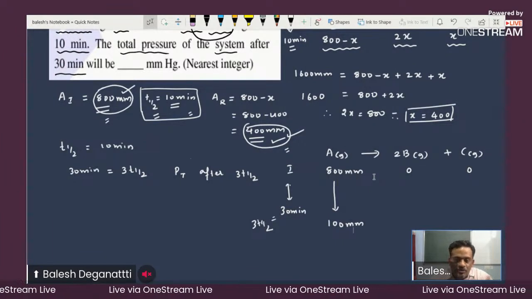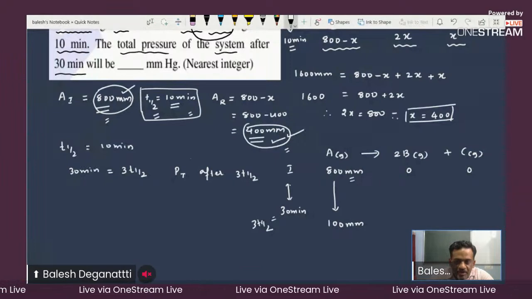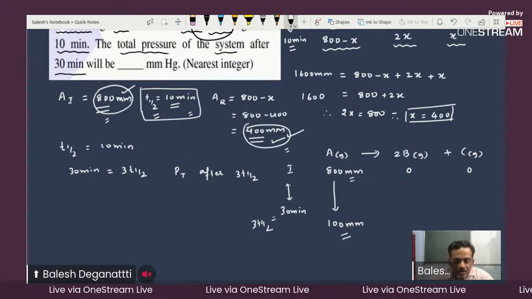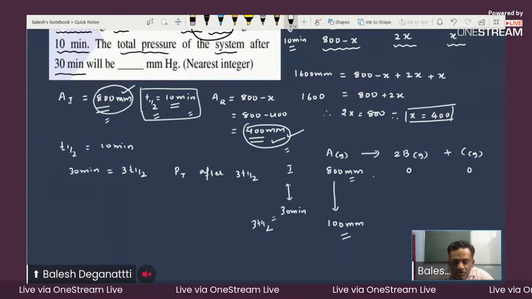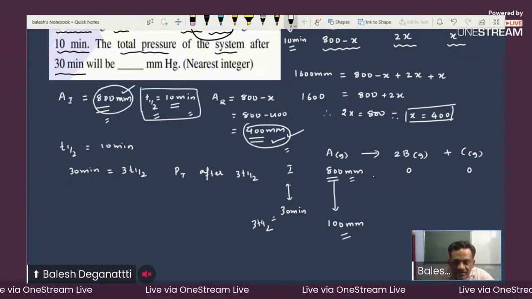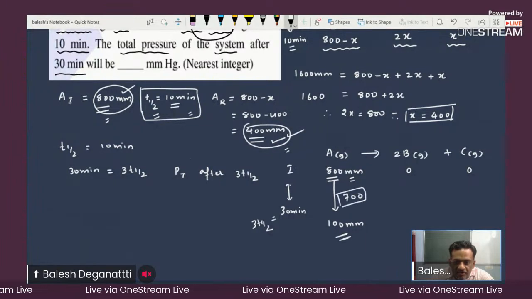Got it? 800, half is 400, half of 400 is 200, half of 200 is 100. So 3 times we have to take the half-life. So 800 is becoming how much now? 100 mm. So that means how much has gone into the product? It was 800. After 3 half-lives, it becomes 100. That means how much is gone? 700 is gone.